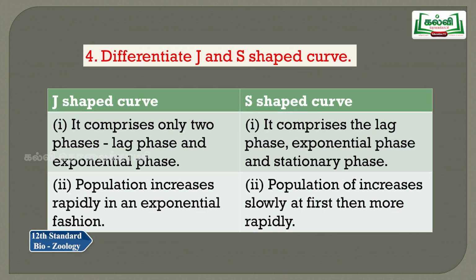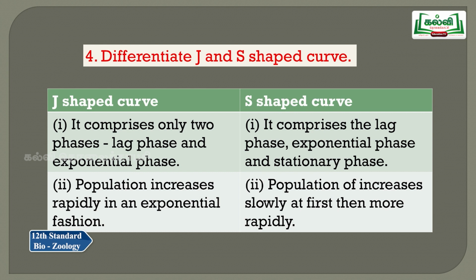Then question number 4, differentiate between J and S shaped curves. The J shaped curve comprises 2 phases, that is the lag phase and the exponential phase, and the S shaped curve comprises lag phase, exponential phase and stationary phase.